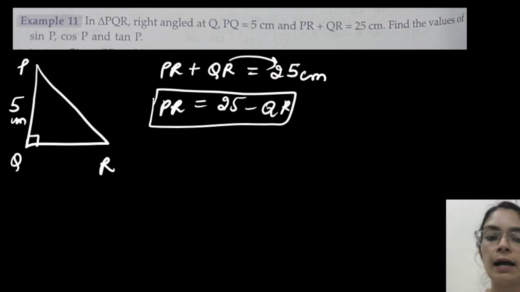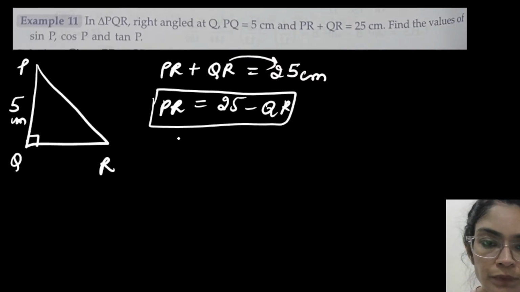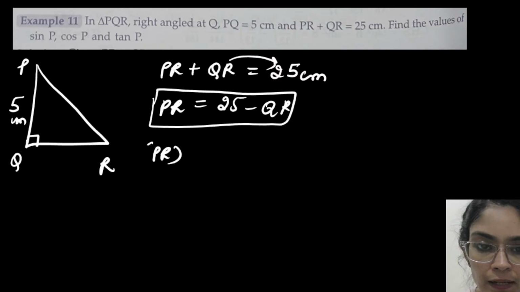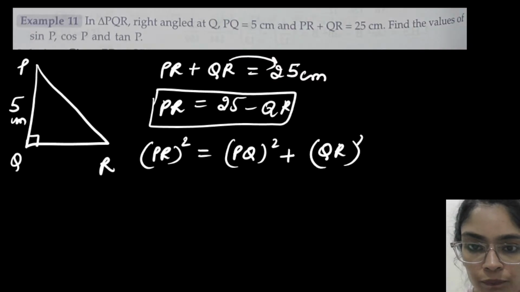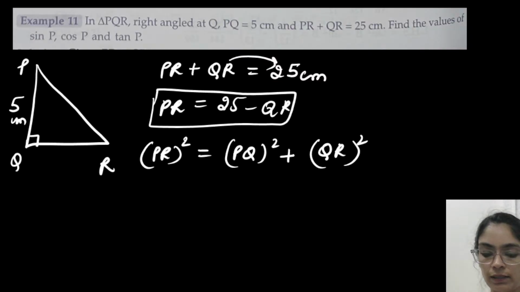So one side I am just finding in terms of the other side. Now let's apply Pythagoras theorem: PR square is equal to PQ square plus QR square.